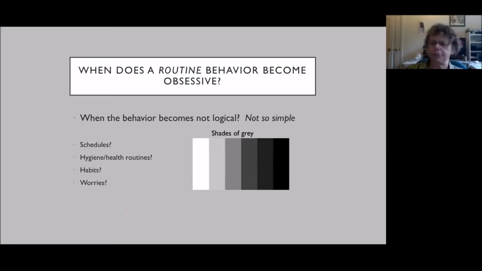What about habits? Particularly, let's talk about some bad habits, like smoking. Smoking is not terribly rational. It's bad for you, costs money, doesn't help you. So it's not rational that someone would start smoking. And is it repetitive? It certainly is.